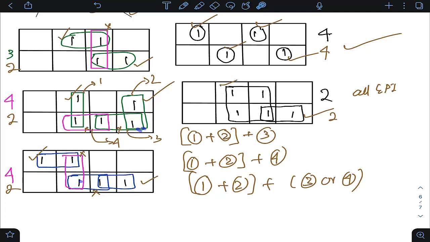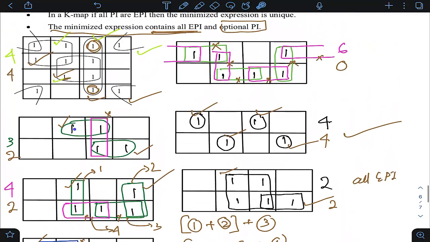You have to take these two EPI, and then to cover this one you have two options. Either you can take this or you can take this. So again it contains all EPI and optional PI. In the earlier case, if I consider only EPI, my job is over.